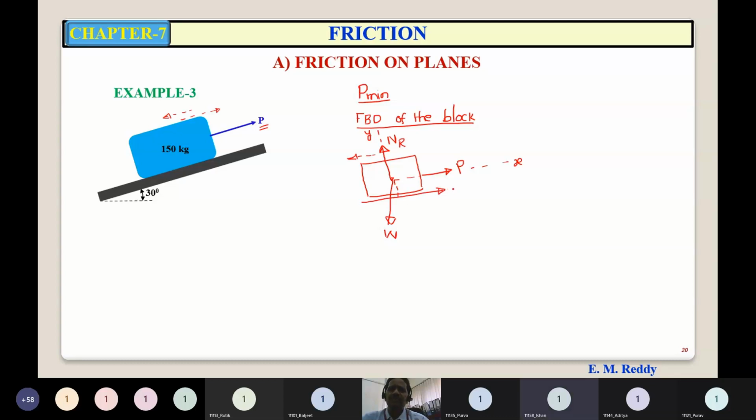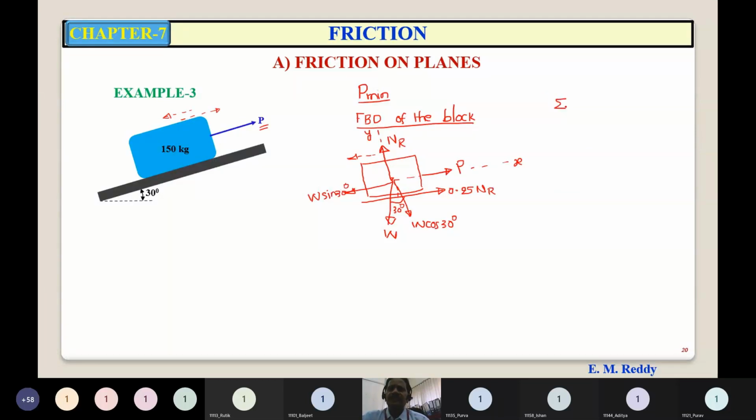So the magnitude of friction force is coefficient of static friction into normal reaction. Now resolving this W into two components, we have this angle as 30. So it is W cos 30 and W sin 30.